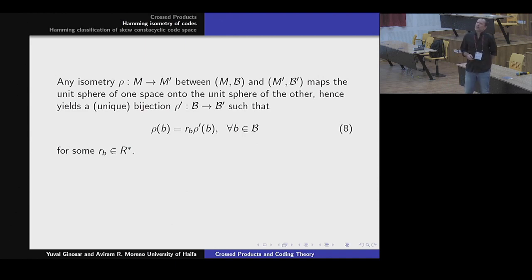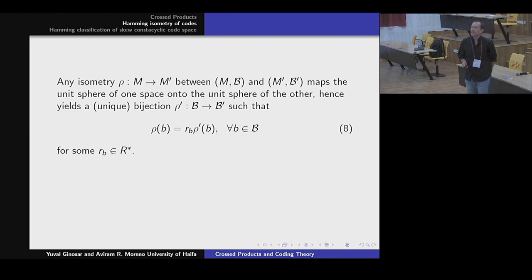An isometry between two based lattices maps the unit sphere of one space into the unit sphere of the other, hence yields a unique bijection between the bases, B and B prime, in such a way that rho of b is some r_b times rho prime of b, for some r_b in R star.